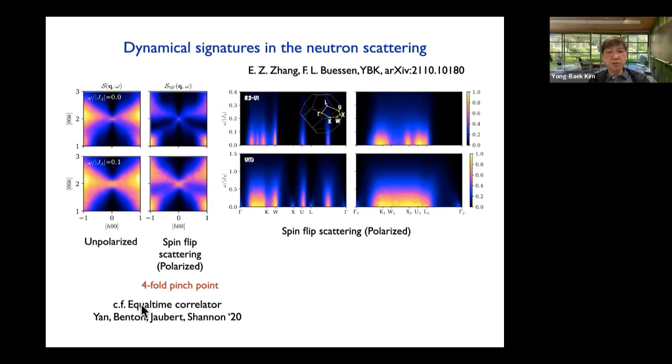So this was also discussed for the equal time correlator in this paper, but we also looked at the dynamical correlator, and you can see that the spin flip scattering structure factor has this characteristic 4-fold pinch point, in contrast to the usual 2-fold pinch point in the spin ice system. So there are some distinct signatures in the neutron scattering in principle.